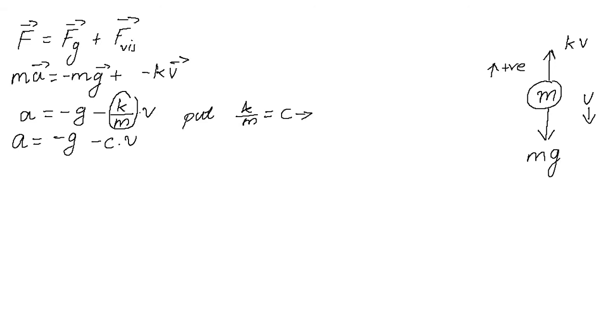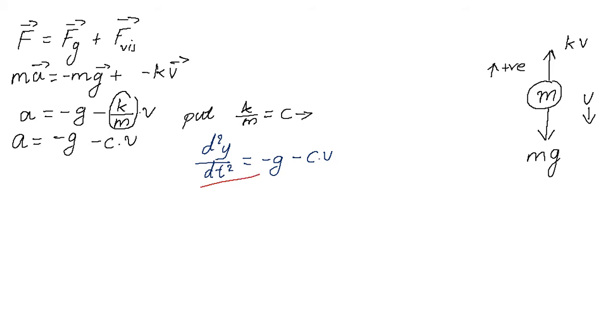In the form of a differential equation, I can write this as d square y by dt square equals minus g minus c into v, correct? As we have done in the previous example, we shall resolve these equations into two first order differential equations.